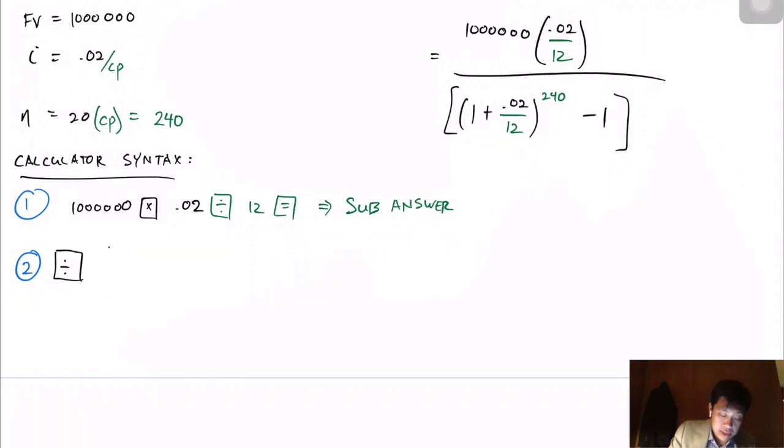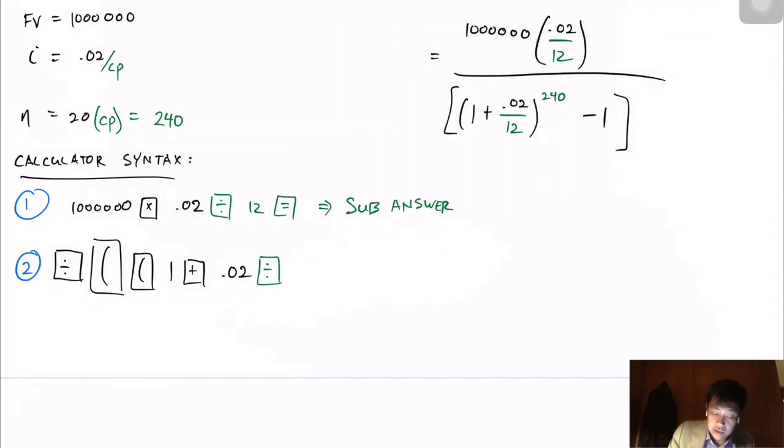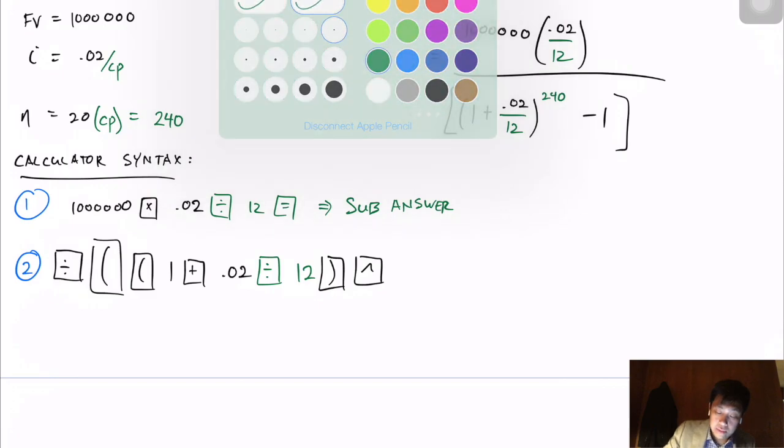One for the entire denominator, and the other for the smaller parentheses inside. And then the rest should be relatively straightforward. 1 plus 0.02 divide by 12, close one parentheses, caret 240.